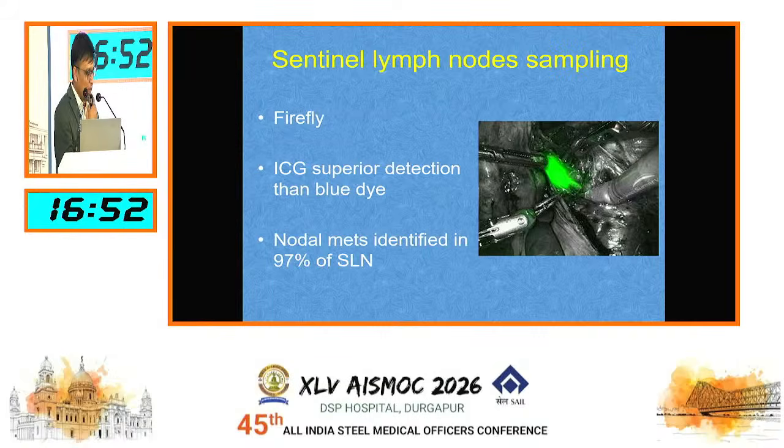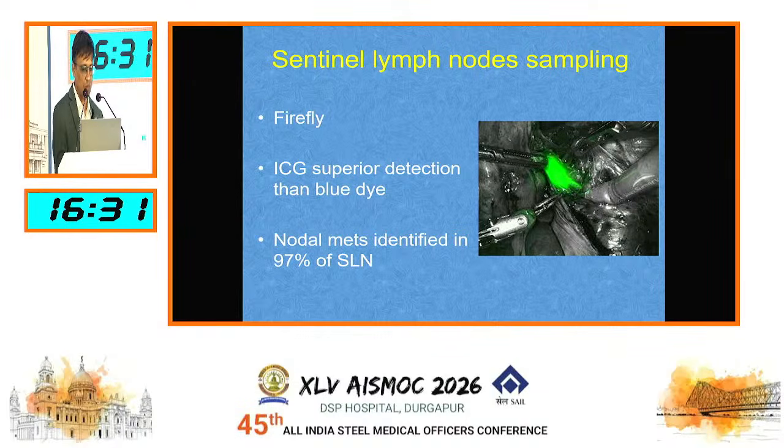Again, as surgeons, we always want to see the cancer, and how fabulous it would be if we were able to identify it. We have a technique which can show that this is cancer versus this is not cancer. It's called Firefly. This is a dye which we inject into the tumor-bearing tissue, and the robot has an integrated system called near infrared imaging.